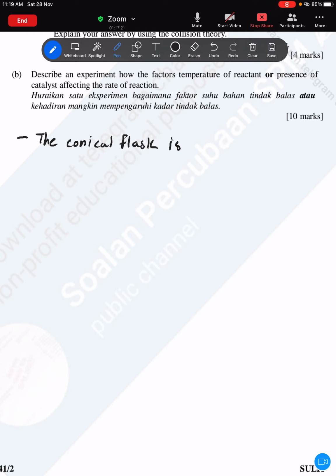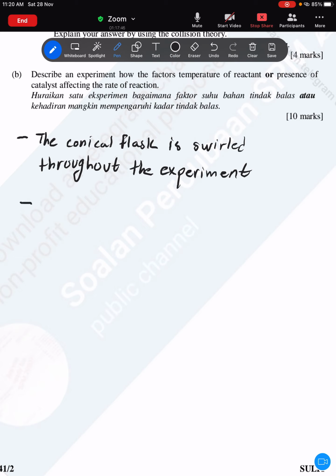Is swirled throughout the experiment. Then, after swirling, only then you look at the observation. Why? If you just mix it and leave it, it might not mix well. That's why we need to swirl it a little to ensure that it has been mixed well. Understand?